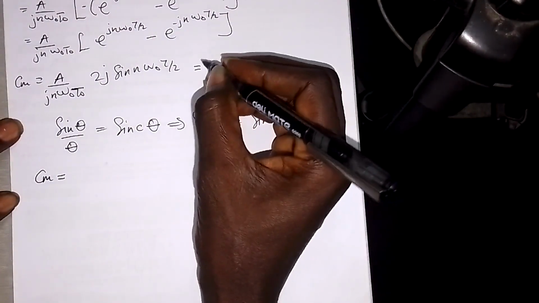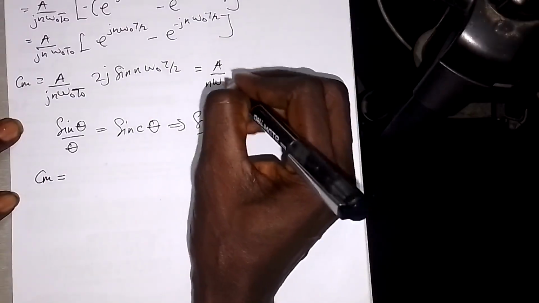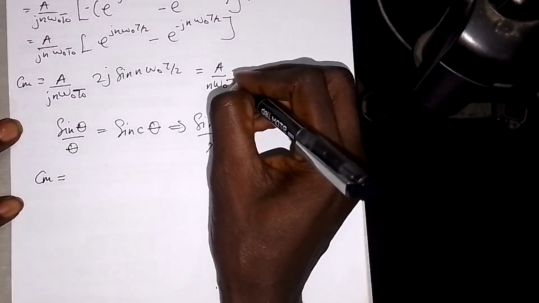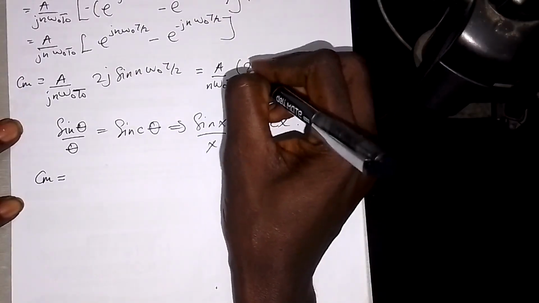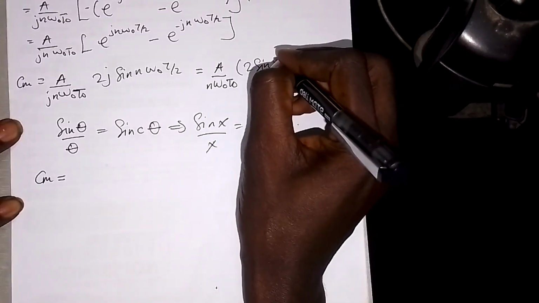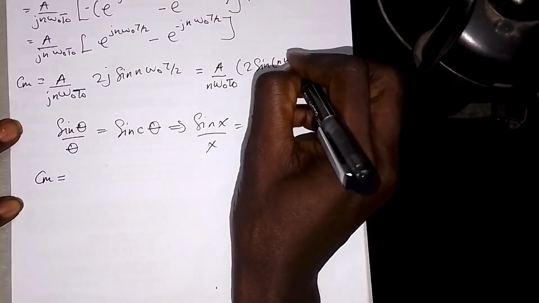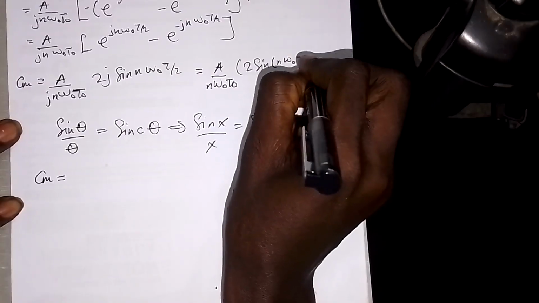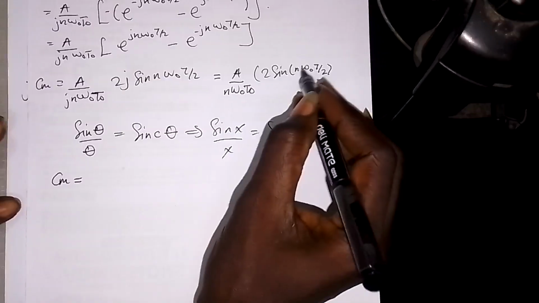Let me write over here that I'm going to have A on n omega naught into omega naught t naught, into 2 sine n omega naught into tau on 2, into tau on 2.